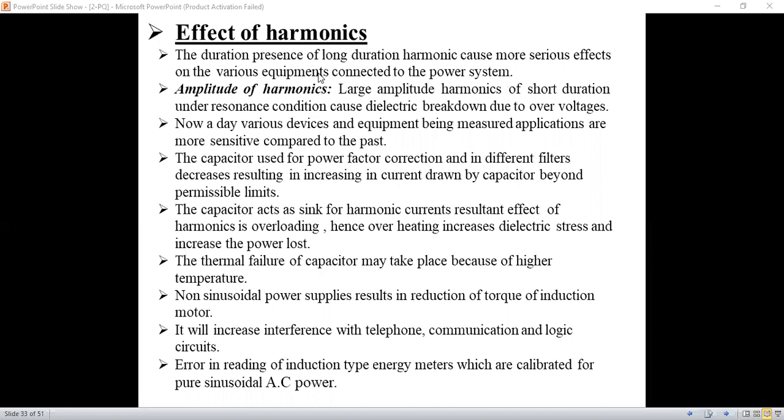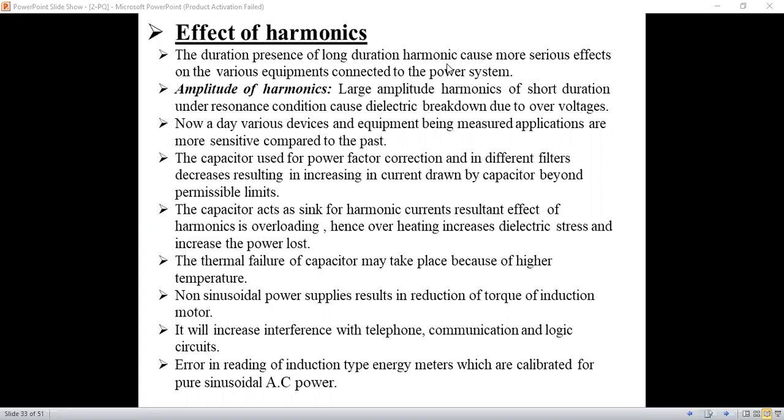And if the amplitude of the harmonics is large, that is a high value of harmonics, it will also affect the devices or components. Normally this is considered dielectric breakdown. When an over voltage occurs, dielectric breakdown will occur there. So that is the effect of harmonics: the components may get damaged, and the temperature may increase because of the heat.